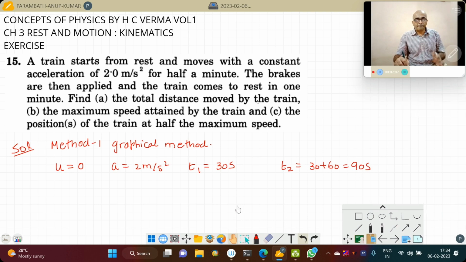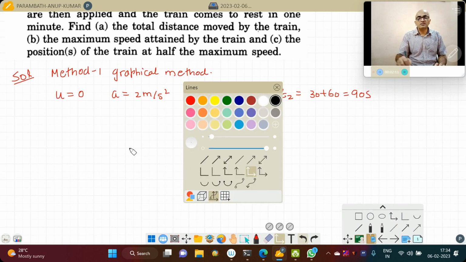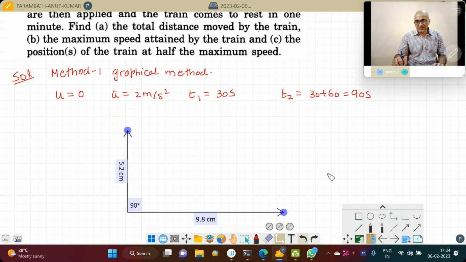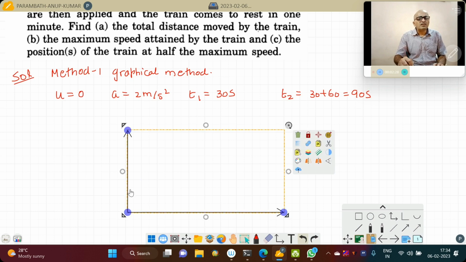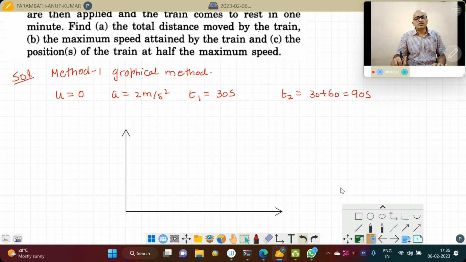Students, we can make a graph, that is a velocity time graph. Are you able to see this velocity time graph? I am appropriately adjusting the graph so that I can show you the timings.